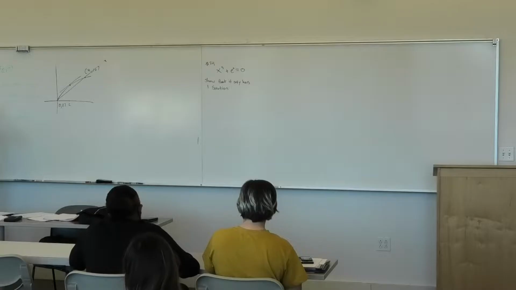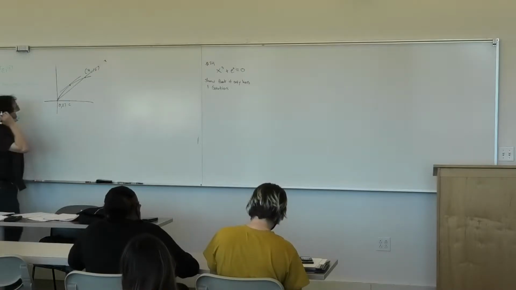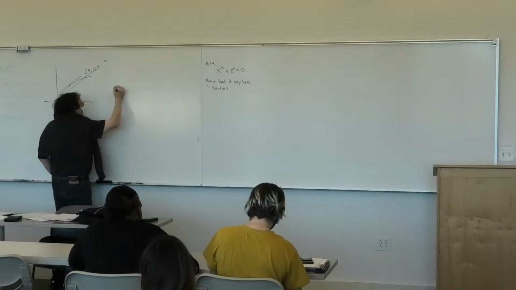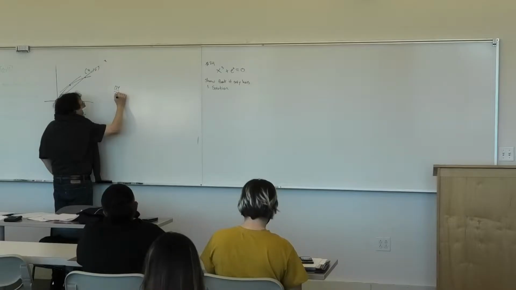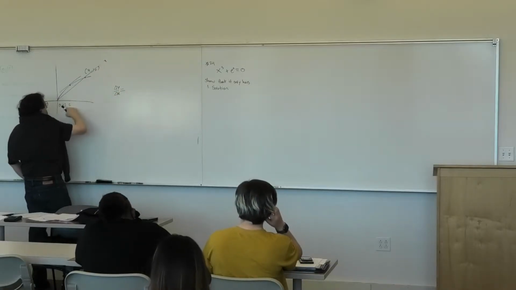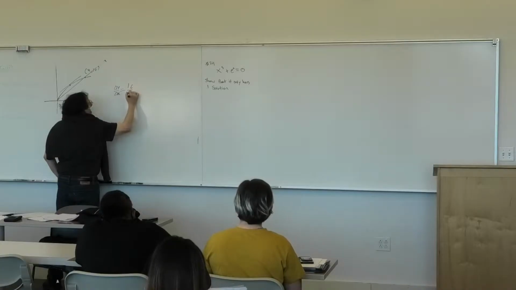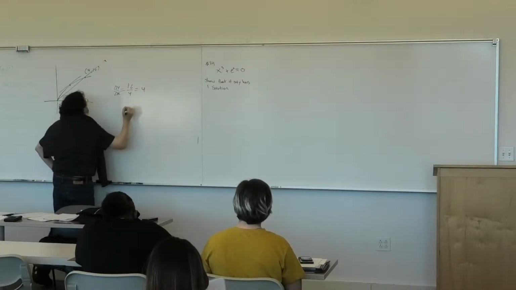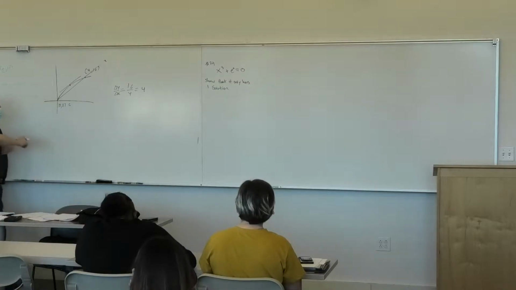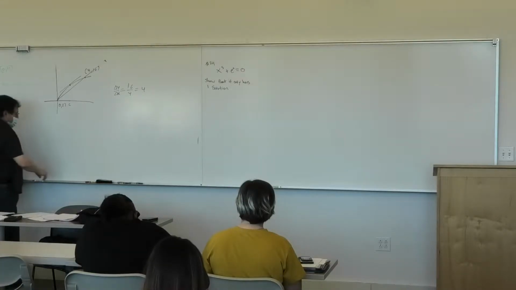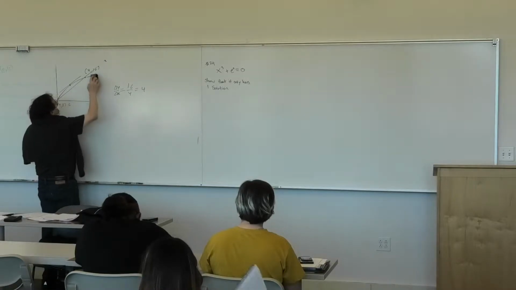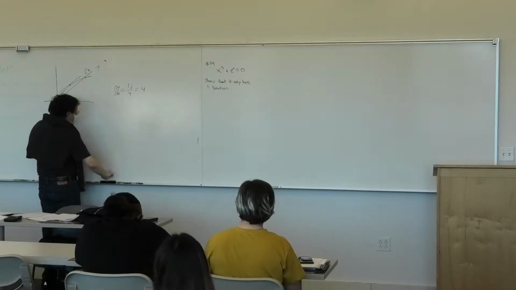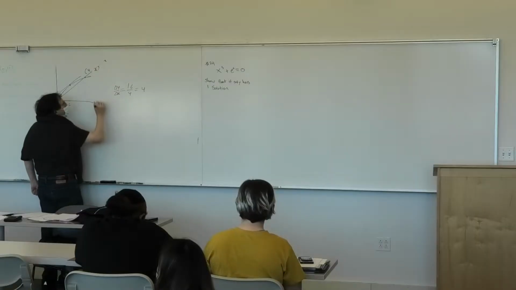So first thing is, what is the slope? So delta y over delta x is what? 16 minus 0, 4 minus 0 is 4. That doesn't look right at all. That's because I can't do math. 4, 2 is the square root, not squared.